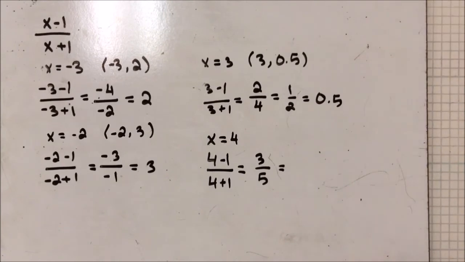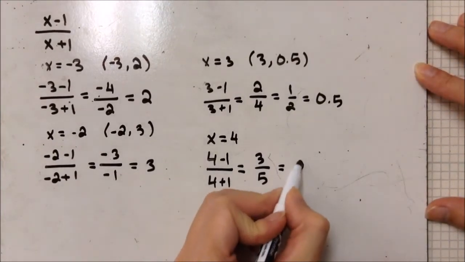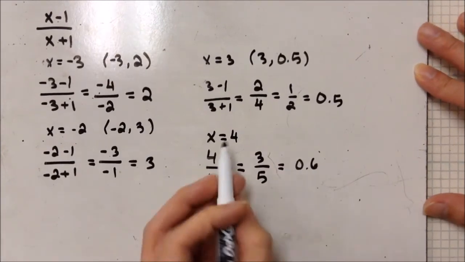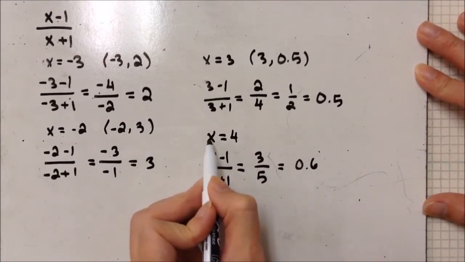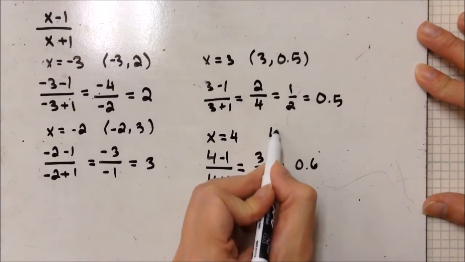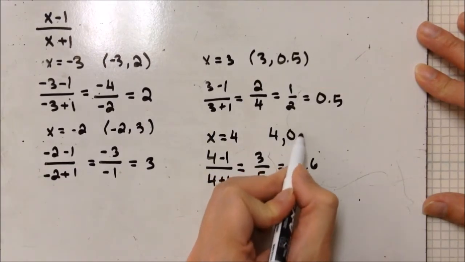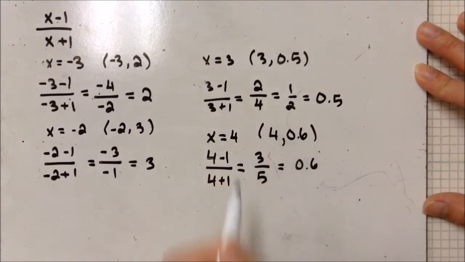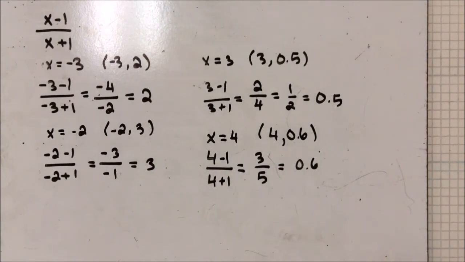And then we can use long division to check, but this is fairly simple. 3/5, 3 out of 5, that's 60%. Or in decimal value, 0.6. So our coordinate for x equals 4 is 4, comma, 0.6. A lot easier than the last two examples.